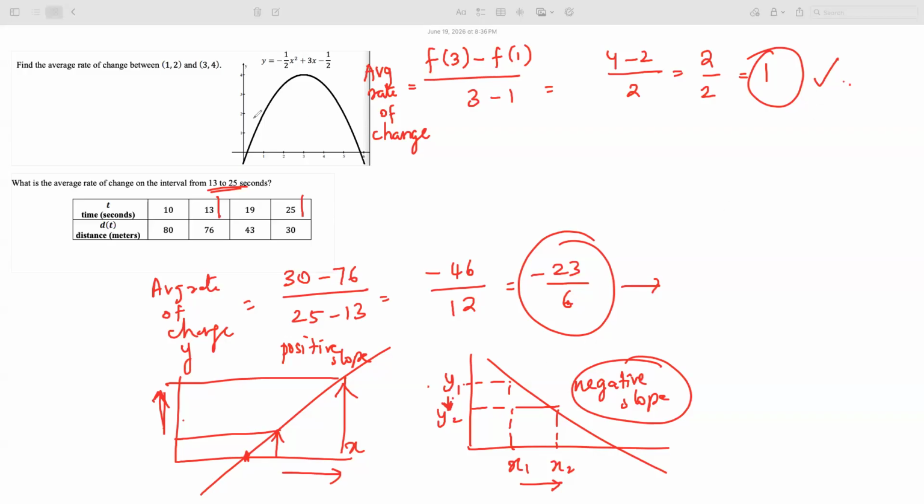So between those 2 points, 1 and 3, this is an increasing interval. So that's why the slope is positive. Whereas in this graph, clearly it's a negative slope. So between these two, 76, 30, it's decreasing. One value increases, one value decreases. Can I move on?